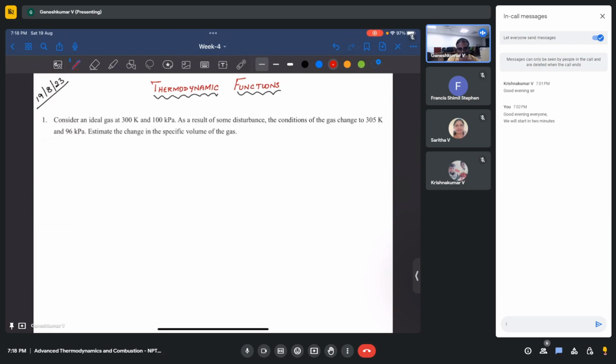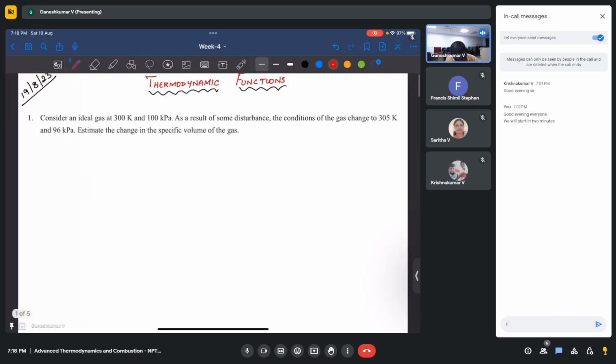So all these four questions are made based on that. So let's get started. The first question we have here is to consider an ideal gas at 300 Kelvin and 100 kilopascal. As a result of some small disturbance, the condition of the gas changes to 305 Kelvin and 96 kilopascal. Estimate the change in specific volume of the gas.